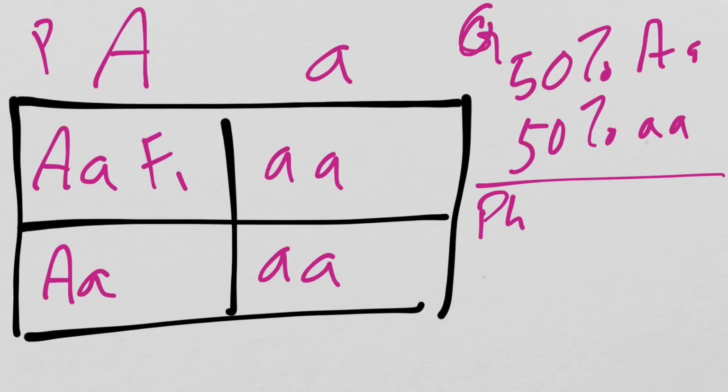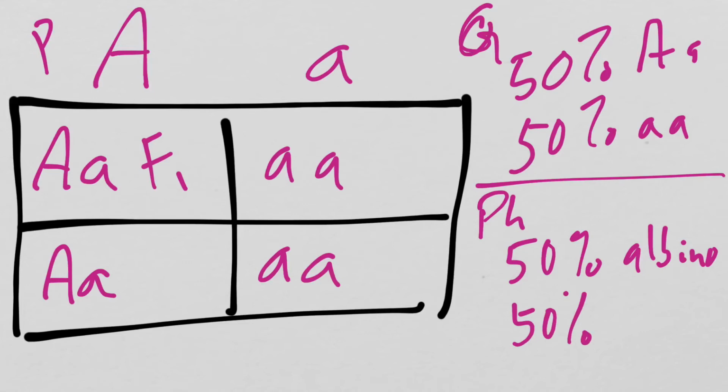So the phenotype here is 50% albino and 50% normal. And no, I cannot write the word normal without quotes. You know that. Normal skin color is any skin color that is not albinism.